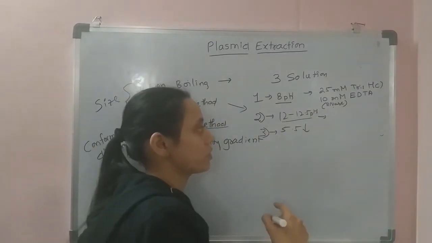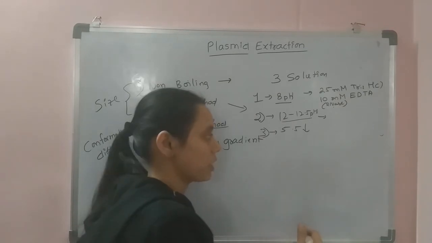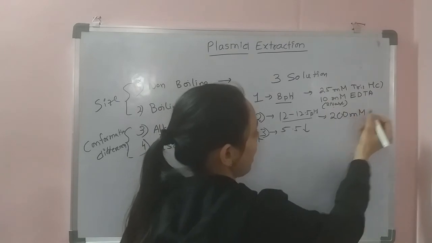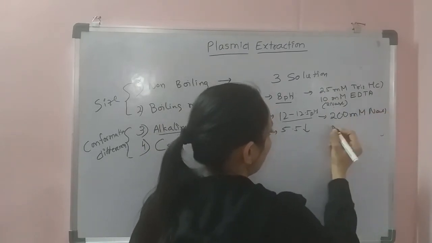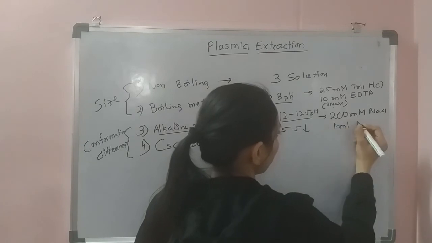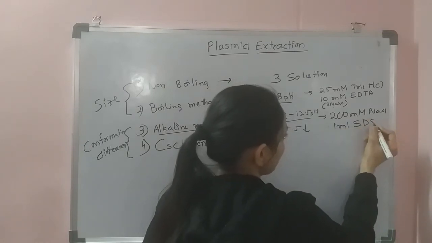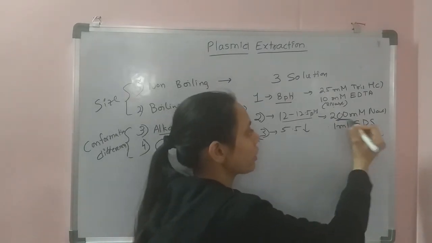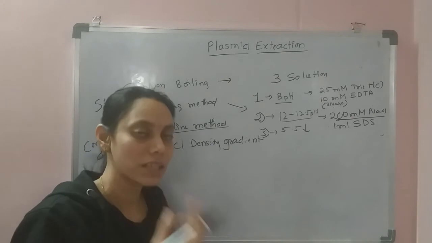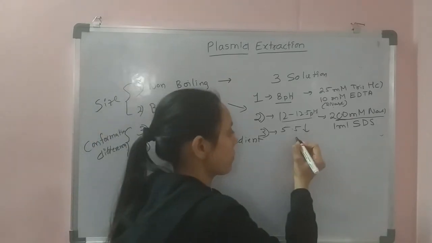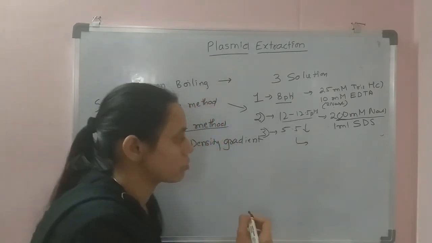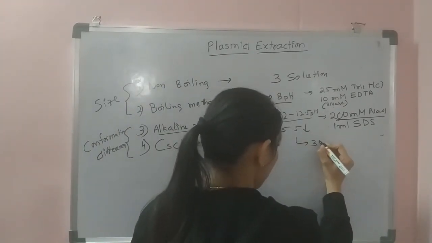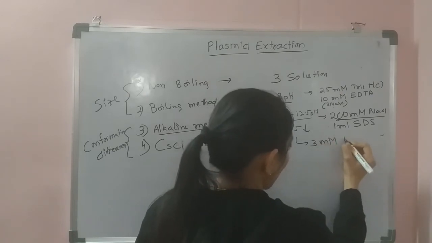In the second step, solution 2, which has alkaline pH, has 200 millimolar NaCl and 1 millimolar SDS. These are the ingredients in solution 2. This high alkaline treatment helps us to increase the pH of the solution. In the third solution there will be 3 millimolar potassium acetate.